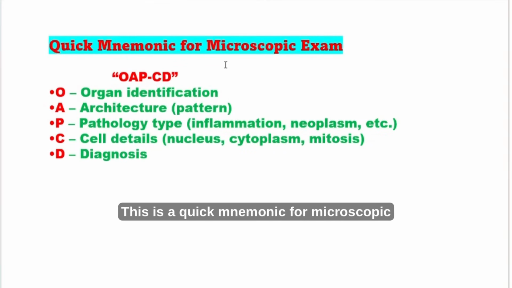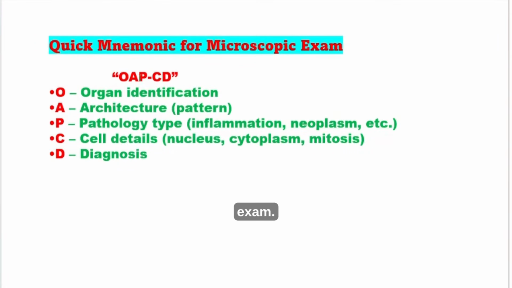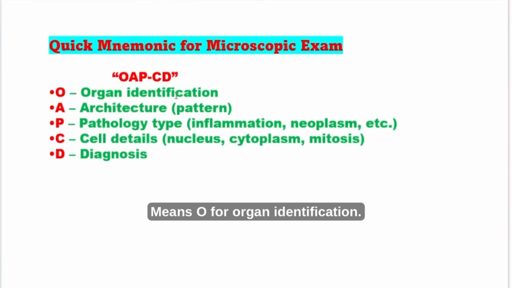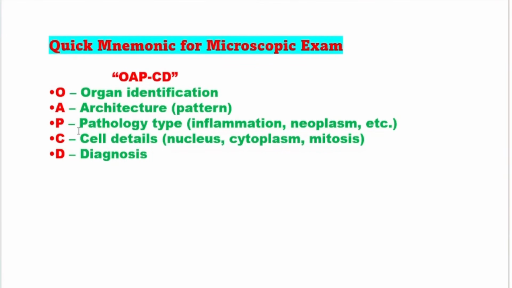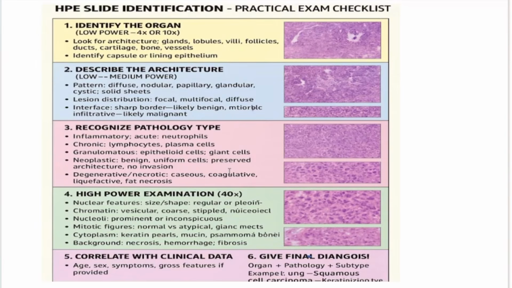This is a quick mnemonic for microscopic exams, OPD: O for organ identification, then architectural identification, then pathology type, C for cell details and D for diagnosis. This is the practical exam checklist.